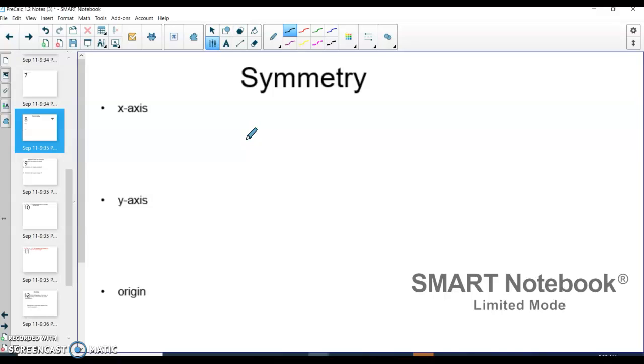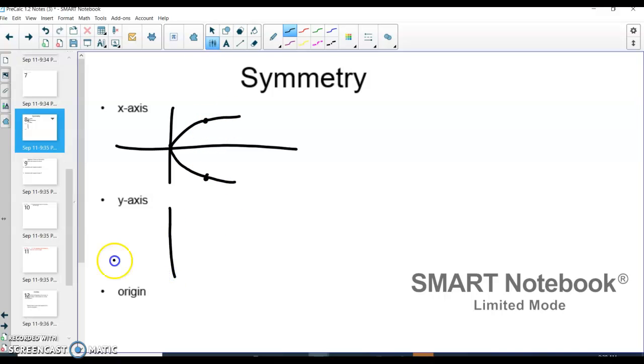All right, if we want to test if a function has x-axis symmetry, we'll see it here. X-axis symmetry looks like this, where if I had kind of a sideways parabola, meaning that we have the same value here as we do right here. That's that symmetry that's happening there.